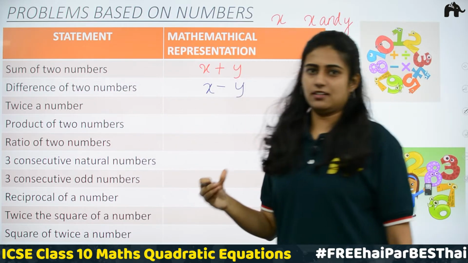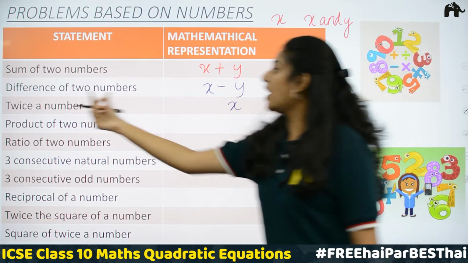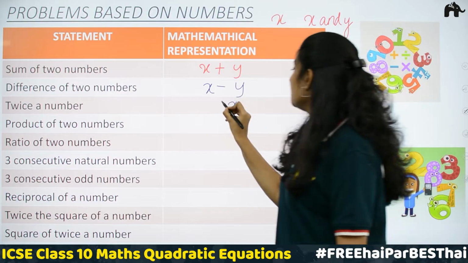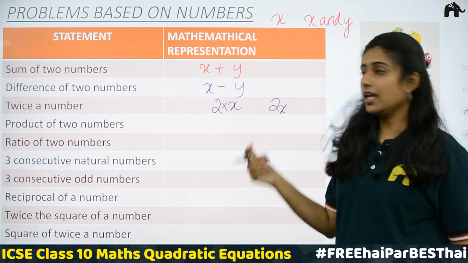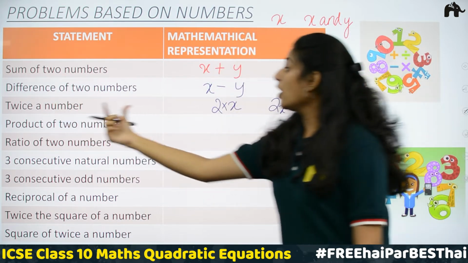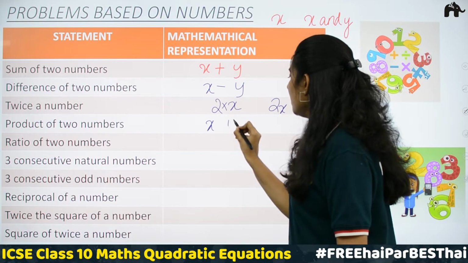Twice a number. Twice means we are taking the number x. How can you get twice a number? Twice means two times. Two times can be 2 into x or 2x. Okay, 2x is used to represent twice a number. Now, product of two numbers. Let the numbers be x and y.